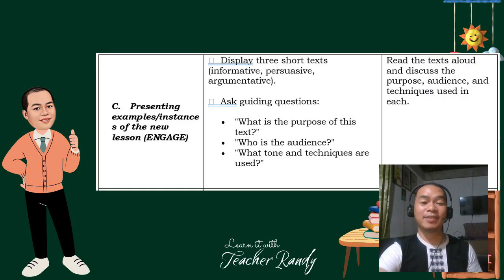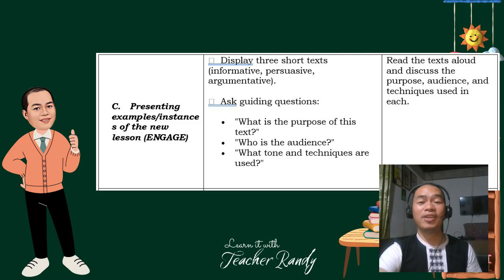Letter C is presenting examples or instances of the new lesson, which still belongs to Engage. Here, the focus is still on engaging students, but now through examples that illustrate the new concept. It reinforces their curiosity and starts building clarity on the topic.